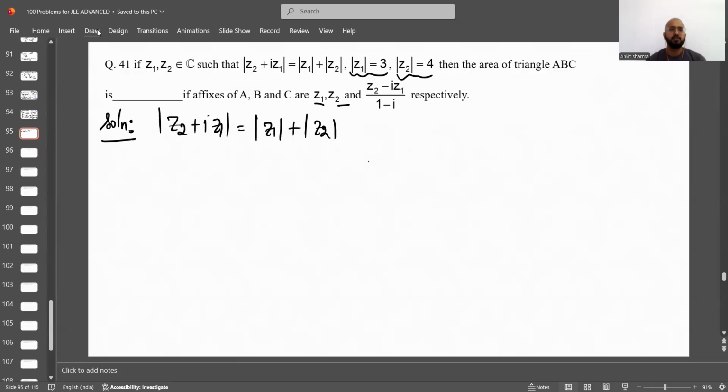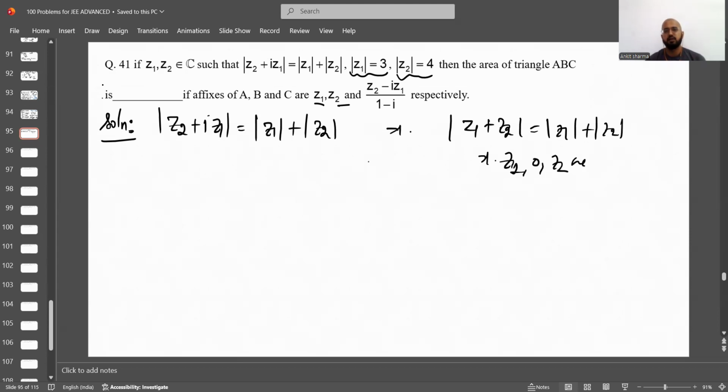So let's see what is the relation between z1 and z2 from here. So mod of z2 plus i z1 is equal to mod of z1 plus z2. So you recall mod of z1 plus z2 is equal to mod of z1 plus mod of z2 implies z1, 0, z2 are collinear, or one can say that argument of z1 is equal to argument of z2.